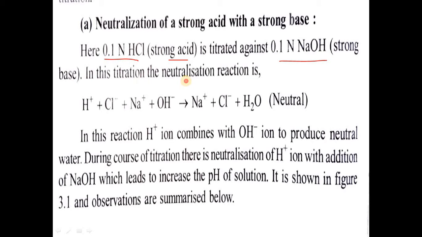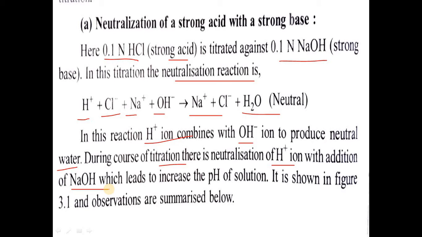In this titration, the neutralization reaction takes place as H+ combines with Cl-, Na+ and OH-. Because all are strong, we get salt and water. In this reaction, H+ ion combines with OH- to produce neutral water. During the titration, H+ ions are neutralized with the addition of NaOH.